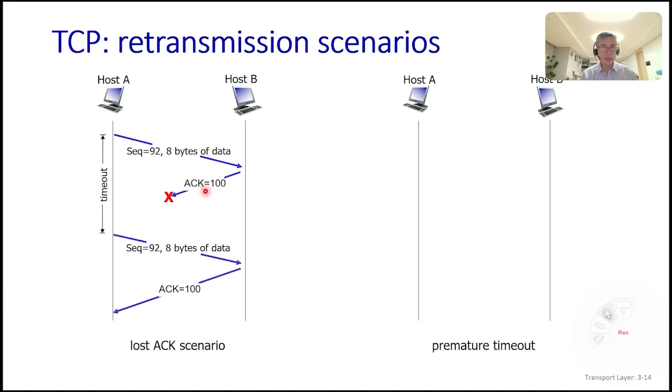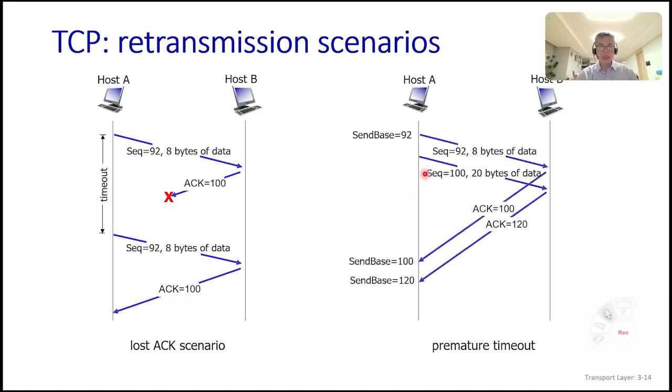The timeout happened, and then the corresponding TCP segment, sequence number 92, is retransmitted. And it is acknowledged well. And here two segments are sequentially transmitted.